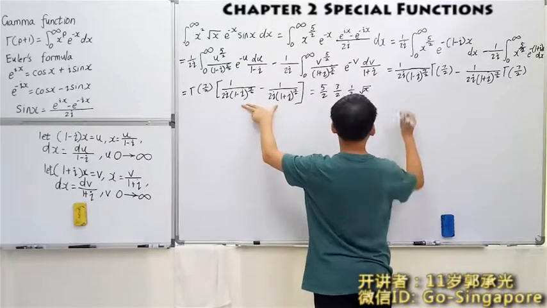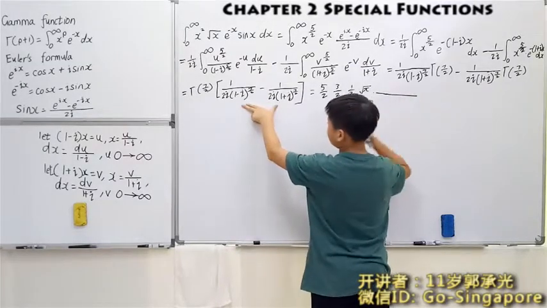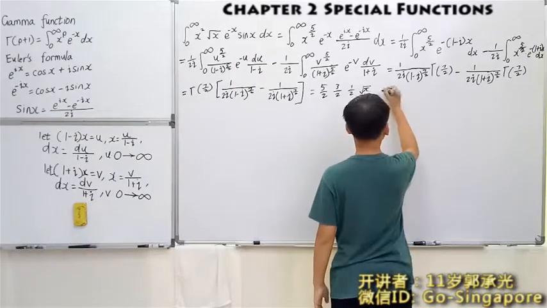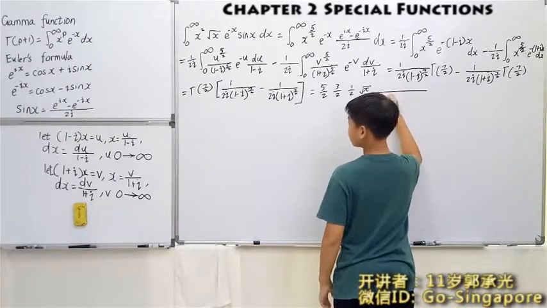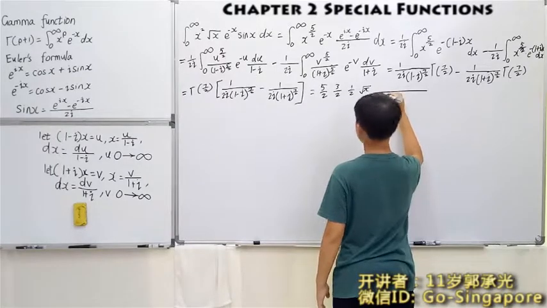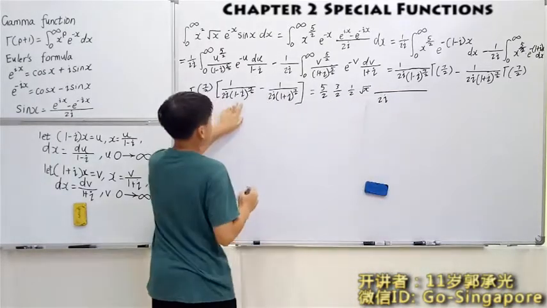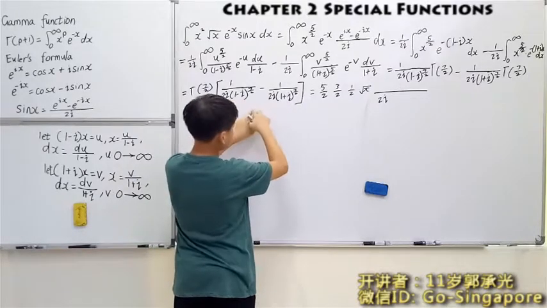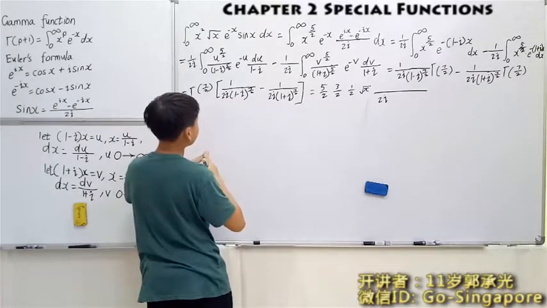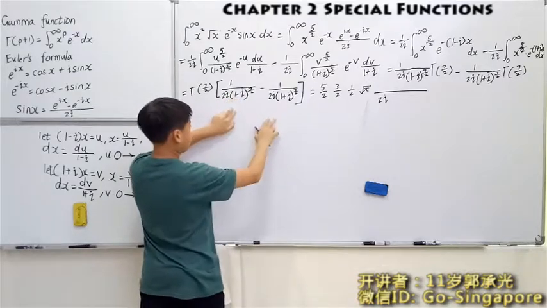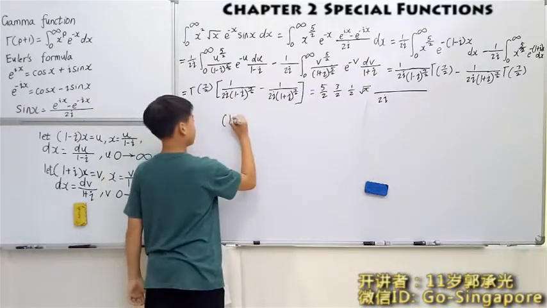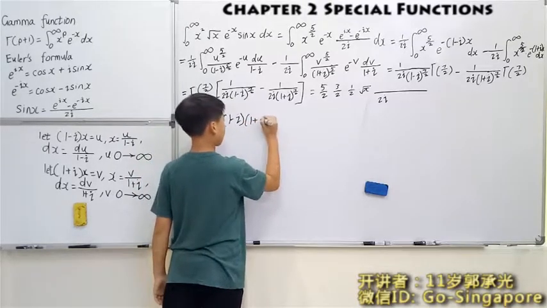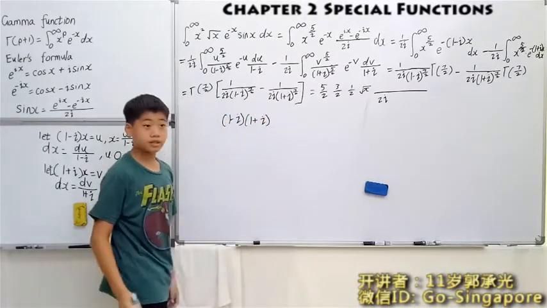Then for this, we can just take a common denominator. But if we just straight away multiply these two, we can take one and another and put them together. So they become like this.